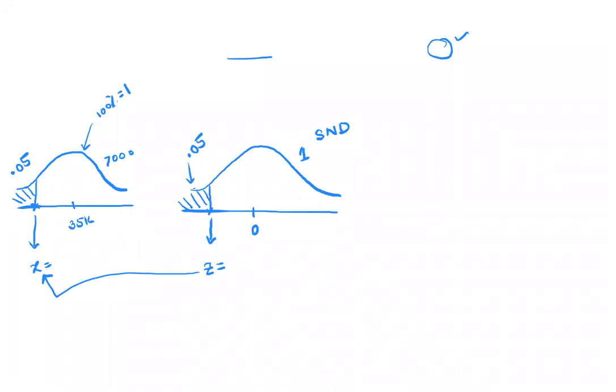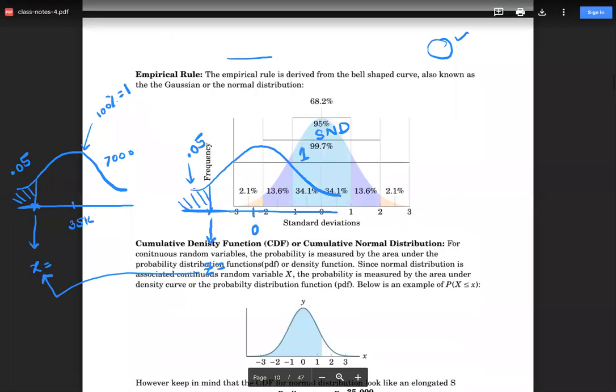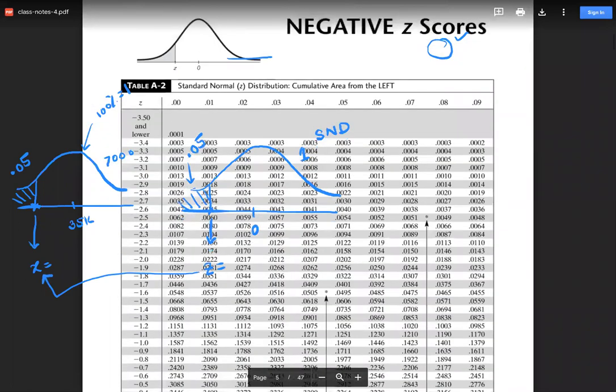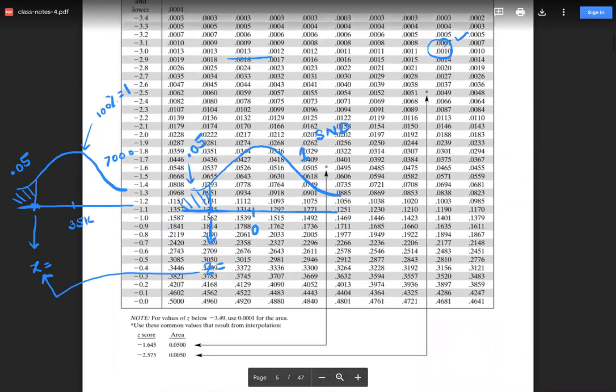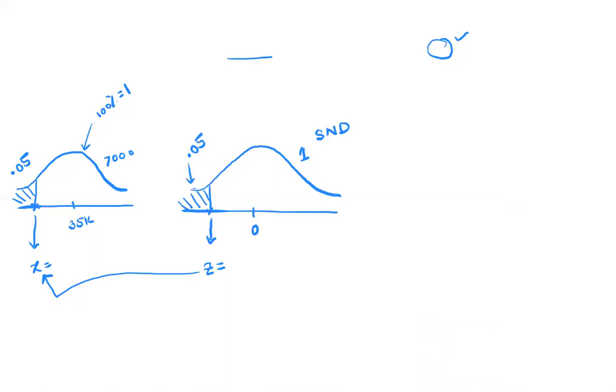That's when your standard normal distribution table comes handy. So let's go back to our standard normal distribution, and we're going to use the table in a very different way this time. So I want you to pay attention. We are given the area here. We know what the area should be, and we need to find the corresponding z.